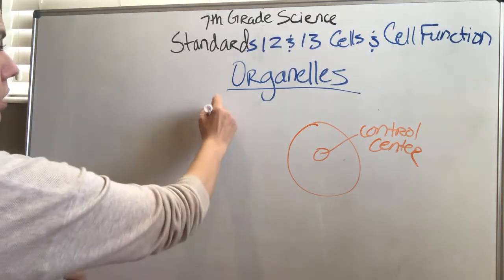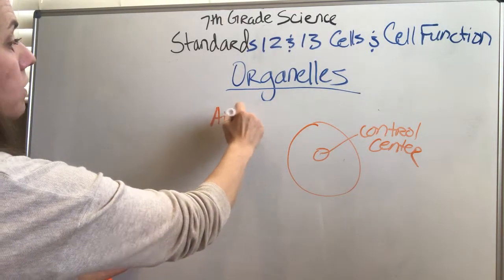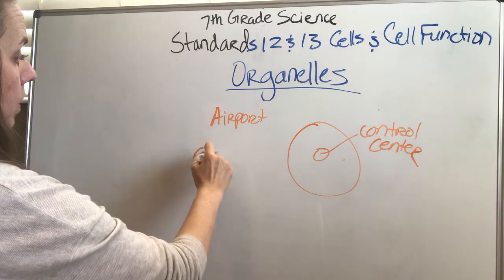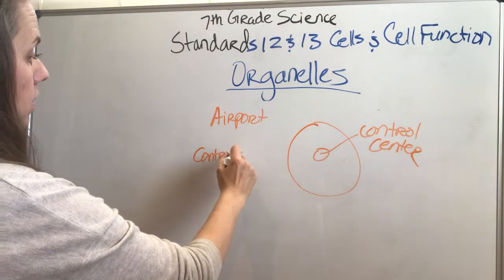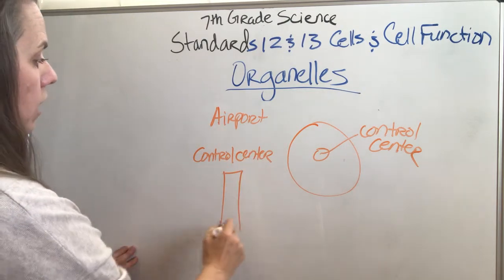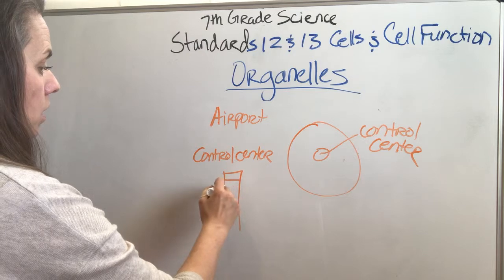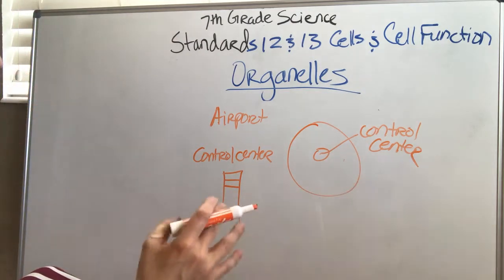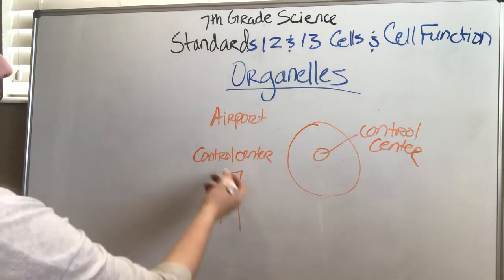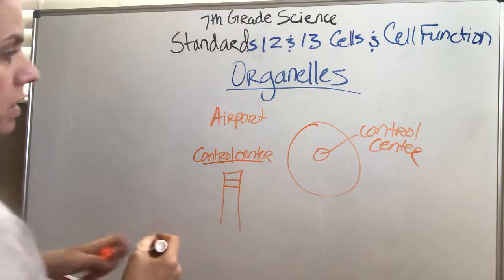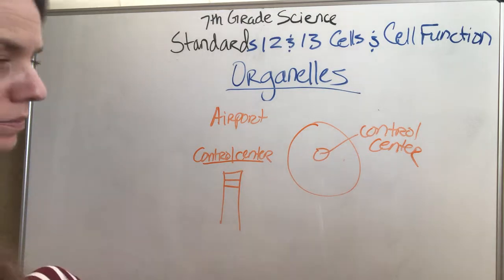Like in the airport, wherever the control center is, that would be like your nucleus. So maybe that tower that is able to figure out where the planes are, who's landing, when those planes can land. That's your control center of the airport, and that's going to be just like your nucleus in a cell.